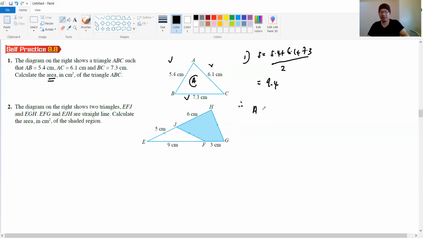Therefore, area equals a big square root. We start with 9.4, followed by 9.4 minus 5.4, which gives 4.